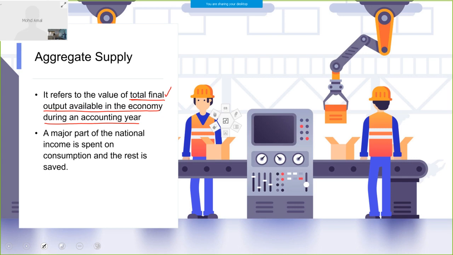So this is the level of GDP that producers wish to produce, that is aggregate supply.